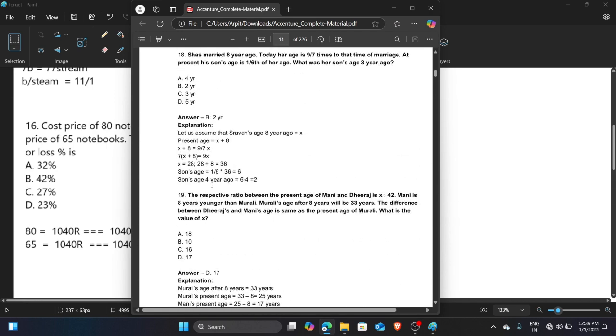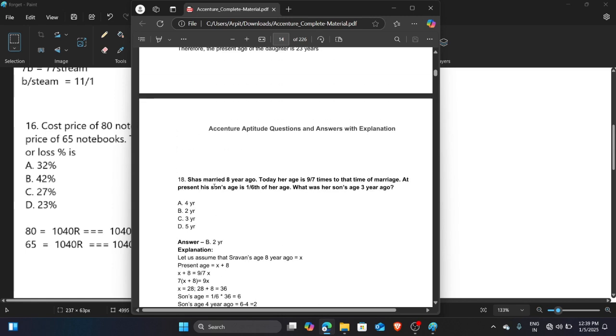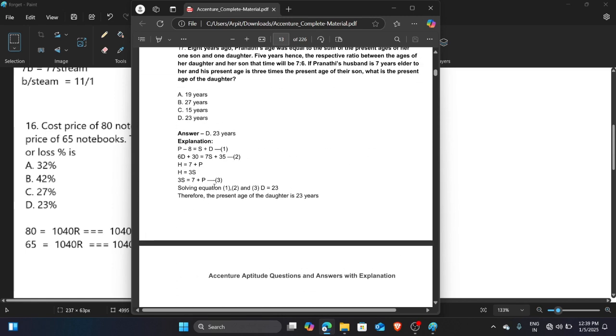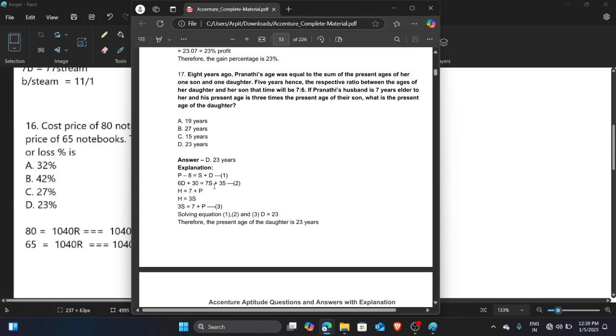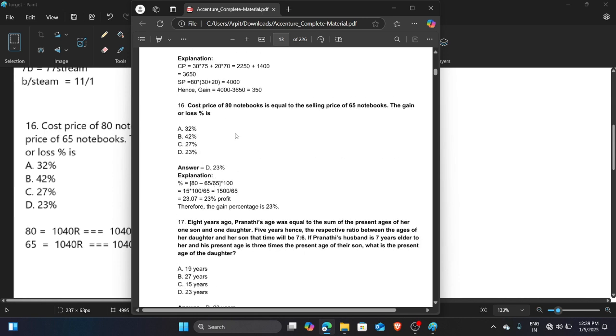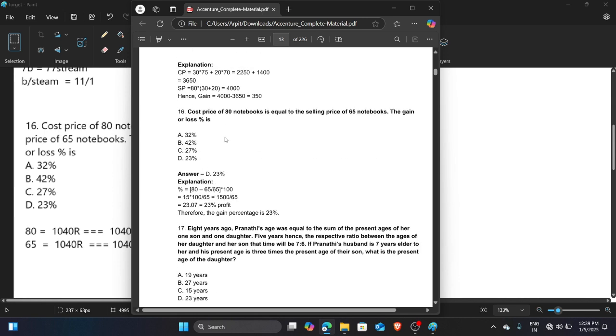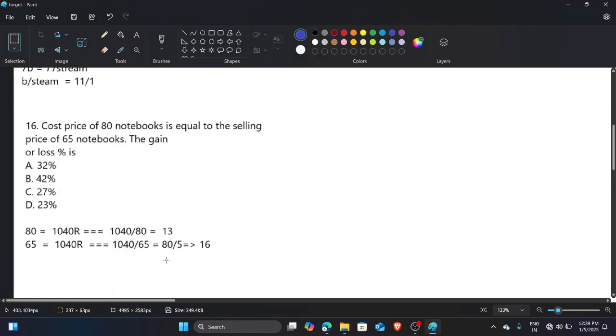Yeah, this is the question. We have done it. The cost per book is 13, and the answer I'm getting is 23. Yeah, that's why I had to check it.